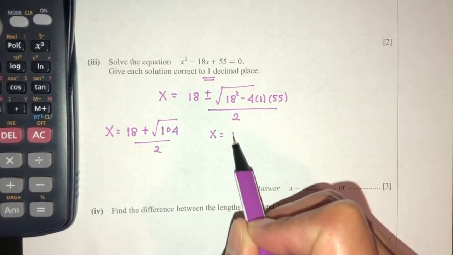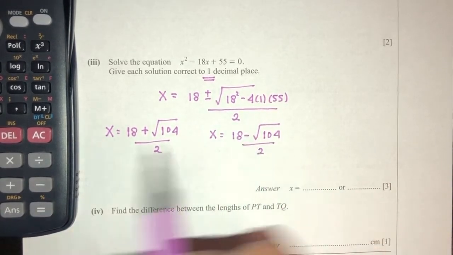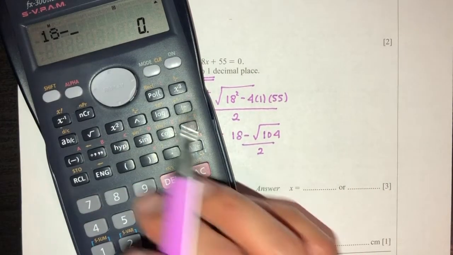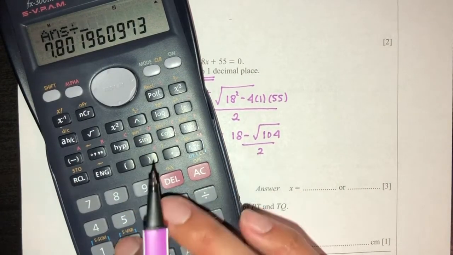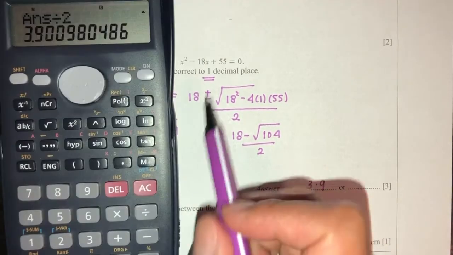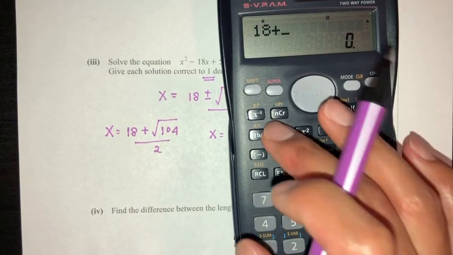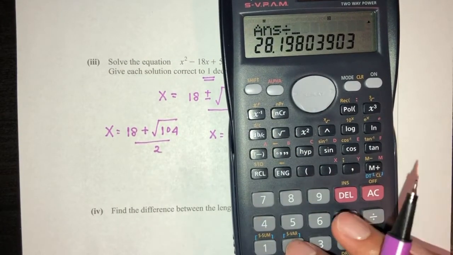X can also be 18 minus root 104, divided by 2. So the first value will be 18 minus root of 104 divided by 2. That will be 3.9, correct to 1 decimal place.